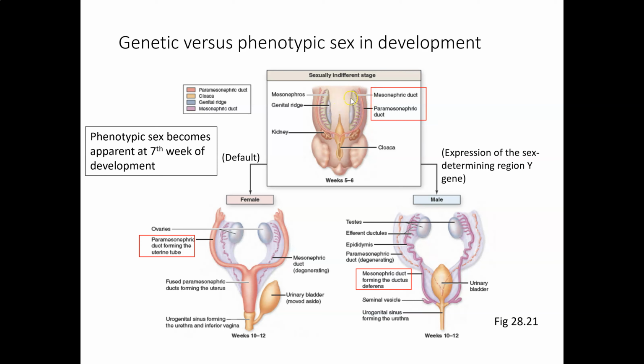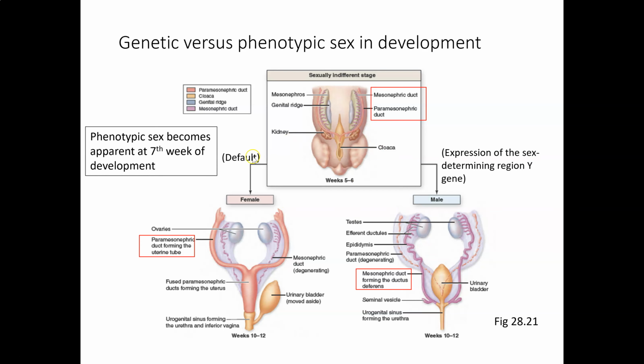So two sets of ducts, mesonephric and paramesonephric. You'll have the developing kidney right next to it, and both sets of ducts are going to come out and connect to the external of the embryo at this place called the cloaca. And so there's no difference.